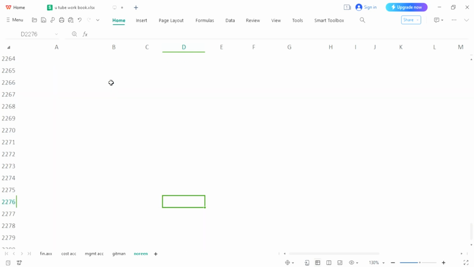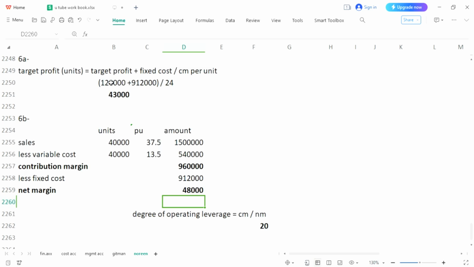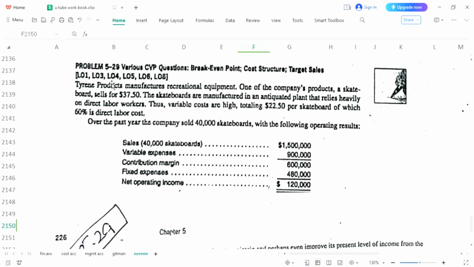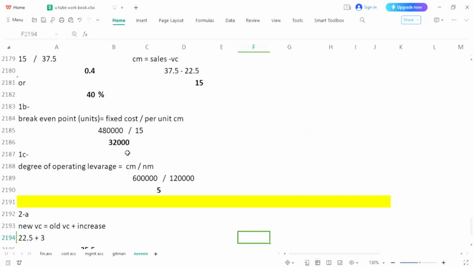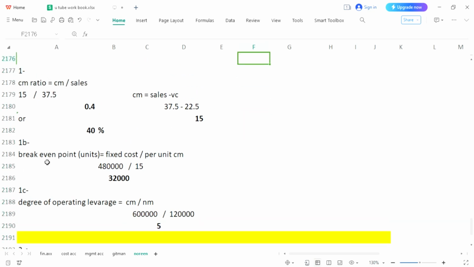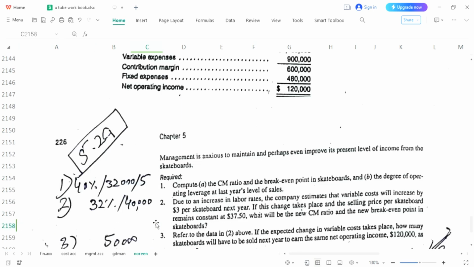So it means all of our parts have been sorted out, answers are carried, and we'll have to review the question. This is our first part and three answers: 40%, 32,005. Second, two answers: 32% and 40,000.